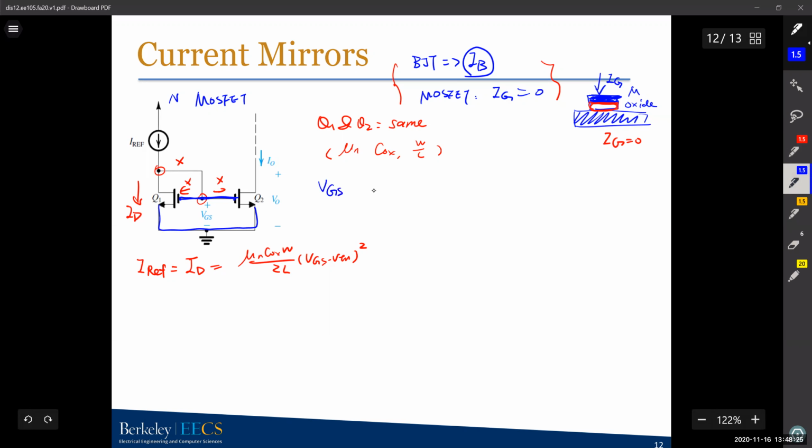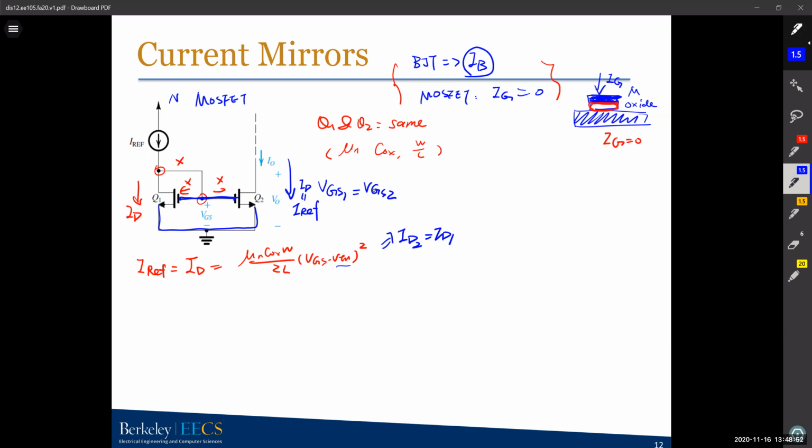So VGS1 equals VGS2, and you have the same VTN. So your ID will be the same: ID2 equals ID1. So this current will also be IREF.